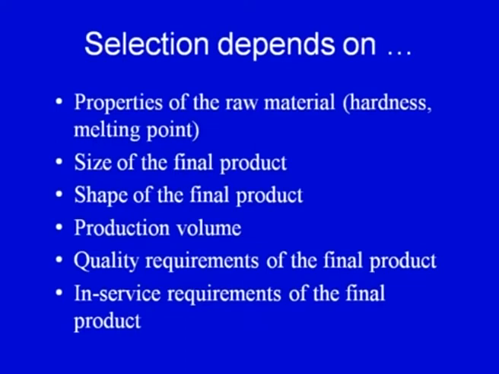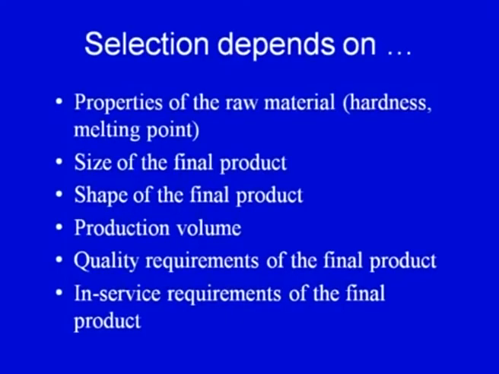Then the quality requirements of the final product are also very important. Depending upon the quality required, the surface quality required, or the performance of the product required, we would choose a specific process which is able to meet those quality requirements or specifications. And finally, the in-service requirements of the final product, because the processing will also induce certain properties in the product.